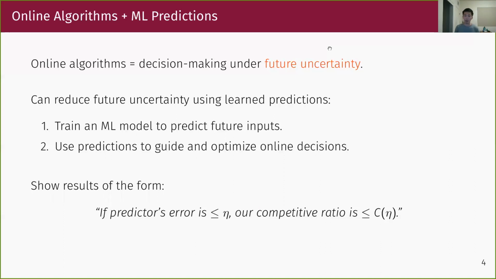And so with this model of online algorithms with ML predictions, our goal is to show results of the form that if the predictor's error is at most eta, then our competitive ratio is at most a function C of eta. And so what this means is that if our predictor's error is not too bad, then we can have an upper bound saying that our competitive ratio is not too bad either.